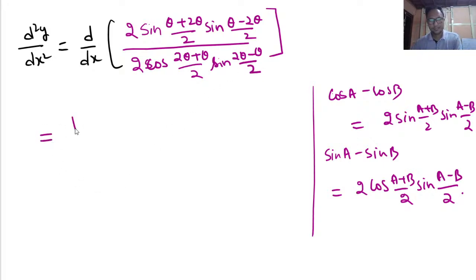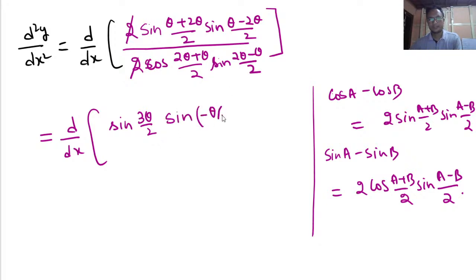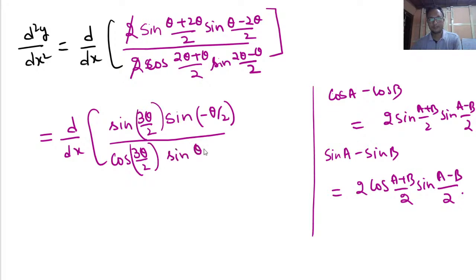I am just applying the rule here, not differentiation yet. Now the 2 cancels, so we have sine of 3 theta by 2 and sine of minus theta by 2 in the numerator, and in the denominator cos 3 theta by 2 and sine of theta by 2.